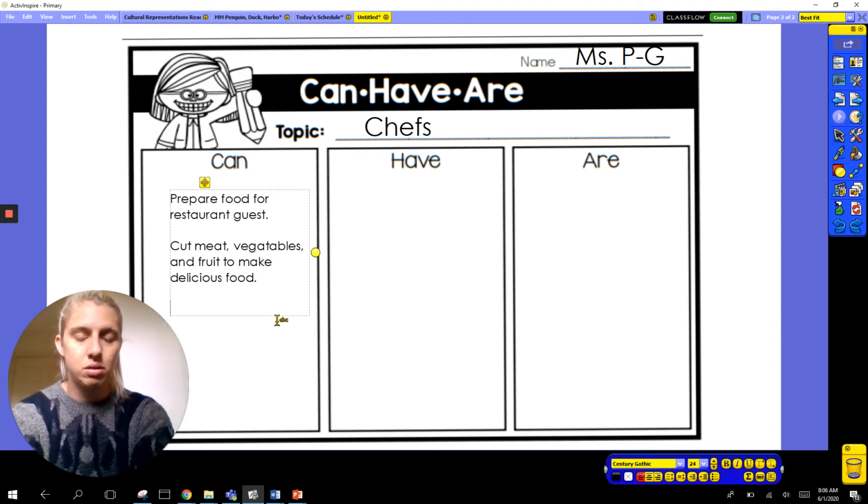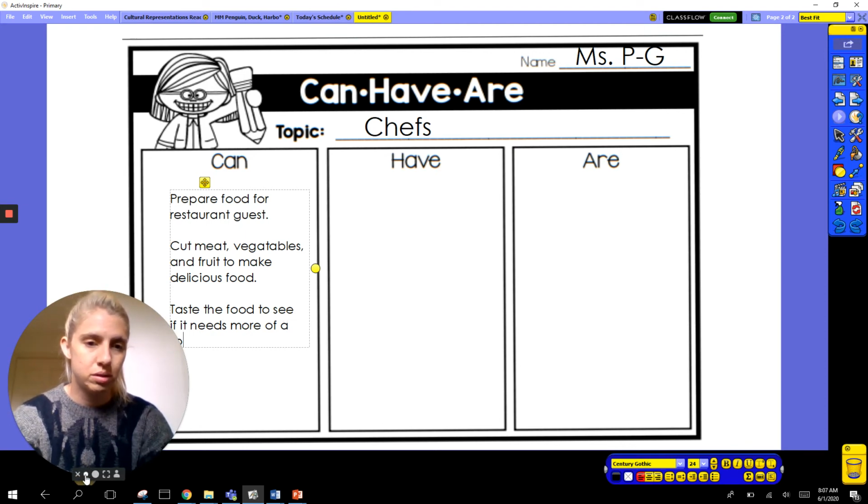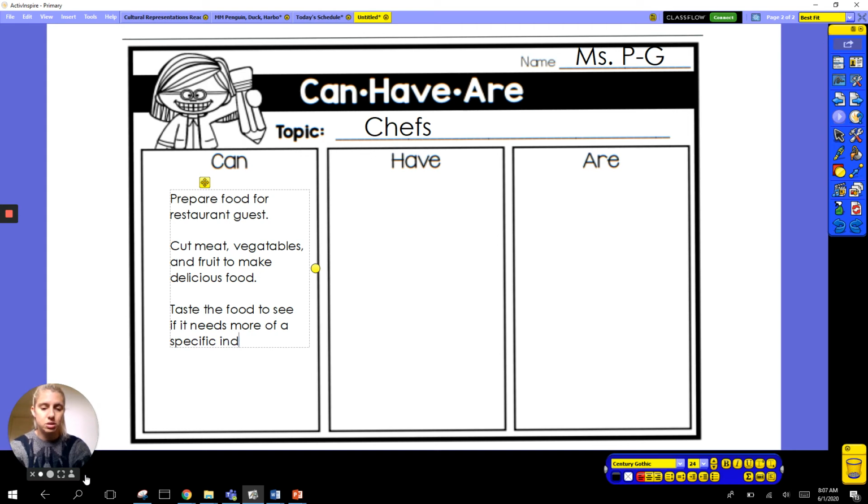Chefs can taste the food to see if it needs more of a specific spice, actually.